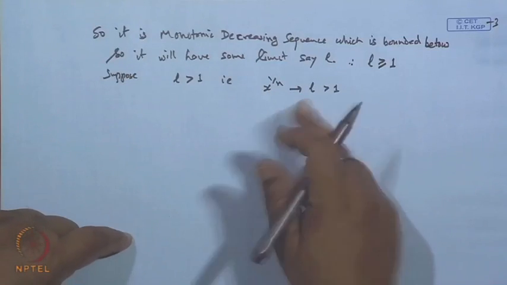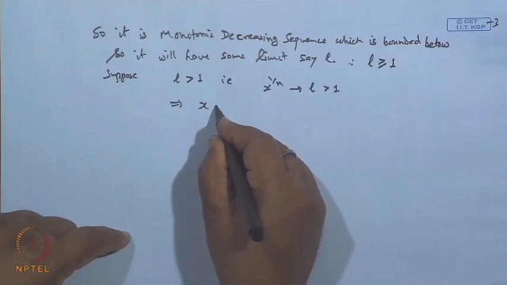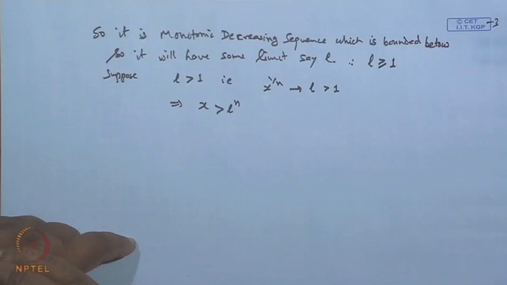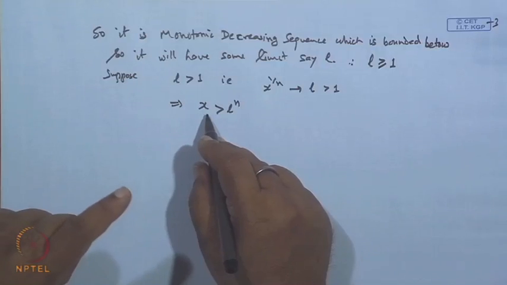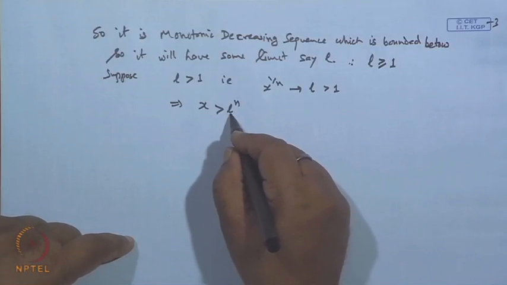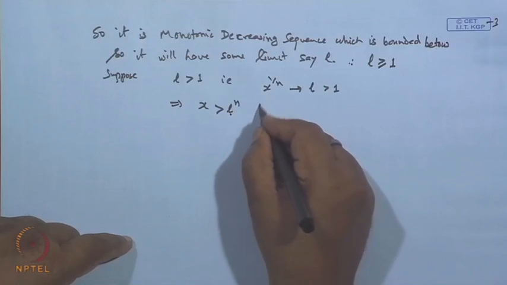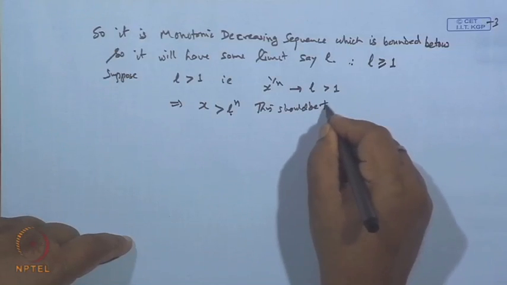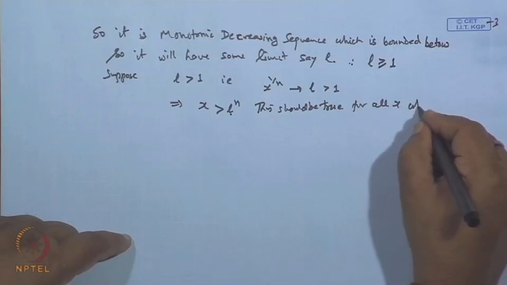Now, this shows that x must be greater than L to the power n, and this should be true for all n, which gives a contradiction.